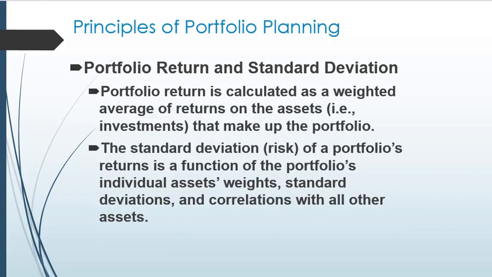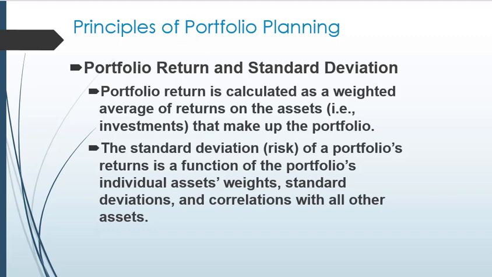So a portfolio return is calculated as a weighted average of the returns of the assets in the portfolio. The standard deviation, though, is a little more complicated. It certainly contains the risks from the individual assets, but those individual investments are all related to each other.